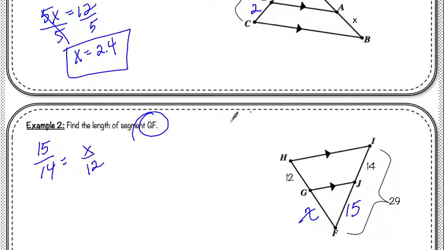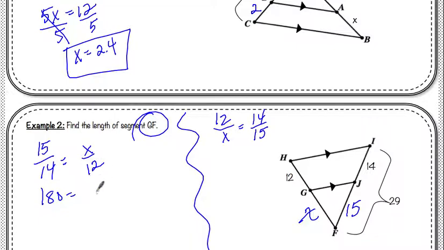If you wanted to set it up 12 over x equals 14 over 15, that also works. There's more than one way to work this out, but we're just going to go ahead and cross multiply. 15 times 12 is 180. 14 times x is 14x. And when you divide by 14, you get x is approximately 12.9.